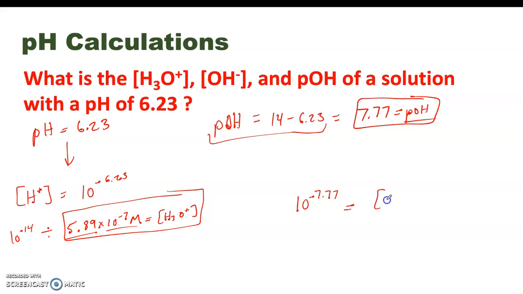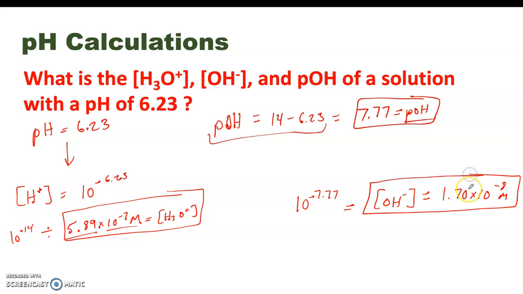That is equal to my OH minus concentration, which is 1.70 times 10 to the minus 8 molarity. Don't forget to put molarity for your concentration. And that's an 8, by the way.